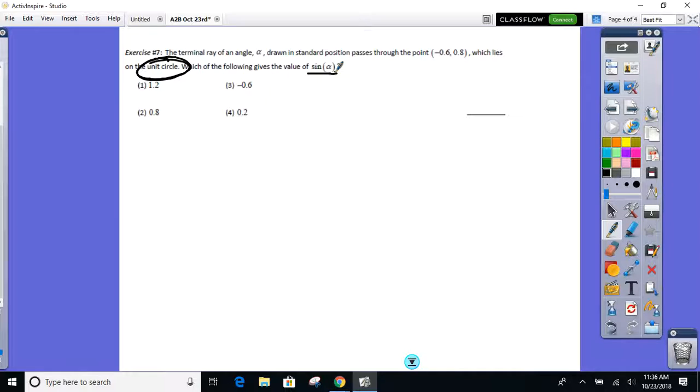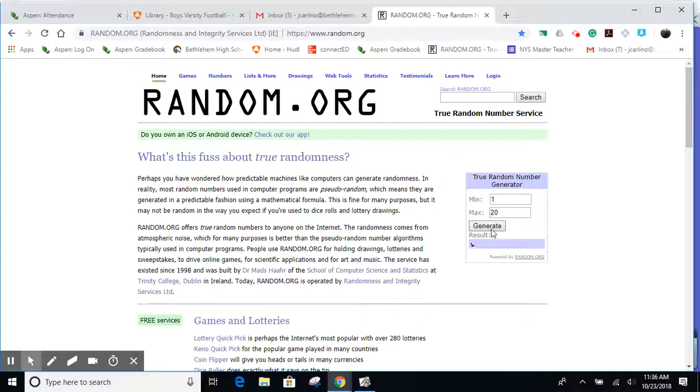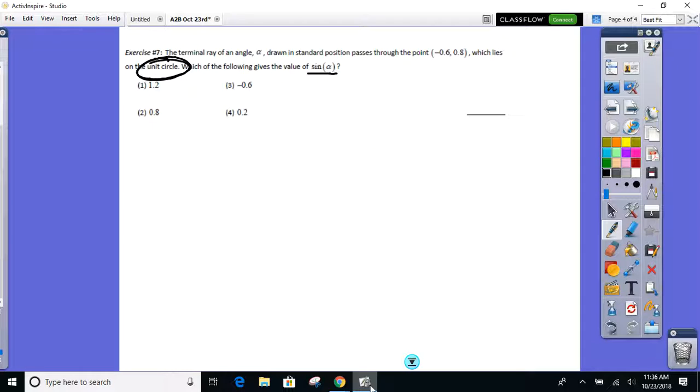The y coordinate. What's the y coordinate? We're done. Nothing fancy here, guys. If I'm on the unit circle, the y is the sine, the x is the cosine. Go ahead, turn it over, get going as much as you can get done here.